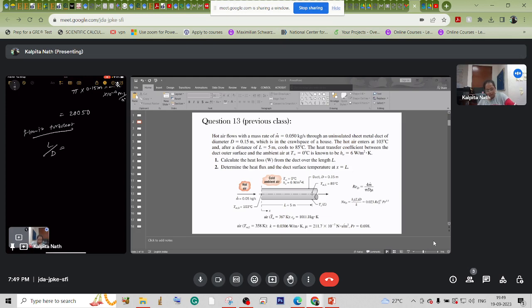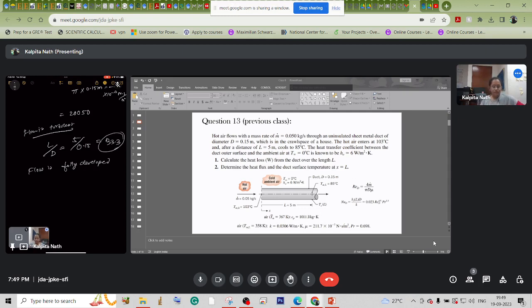L by D is equal to 5 by 0.15, which is 33.3. So flow is fully developed. Okay, so L by D is 33.3, right?